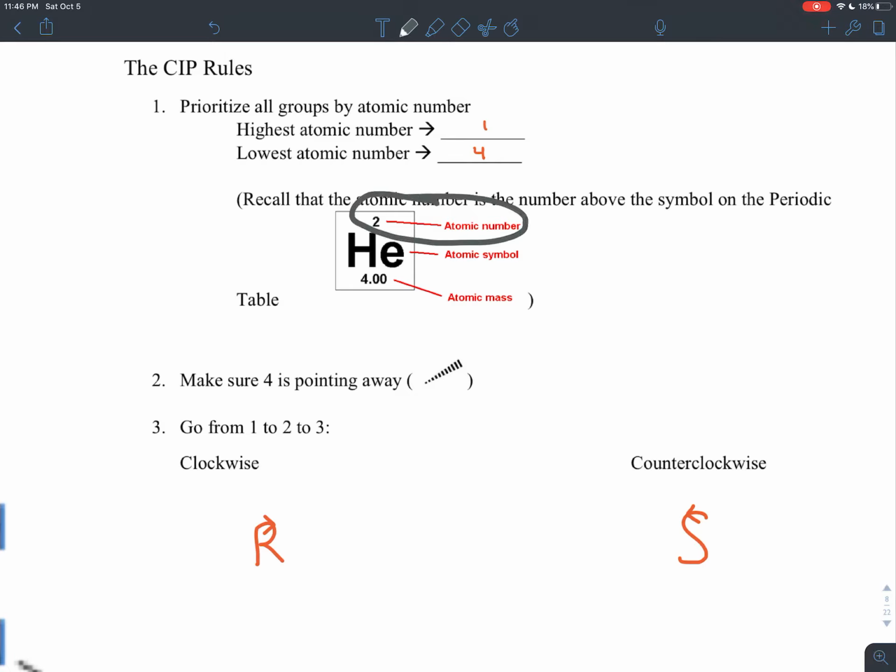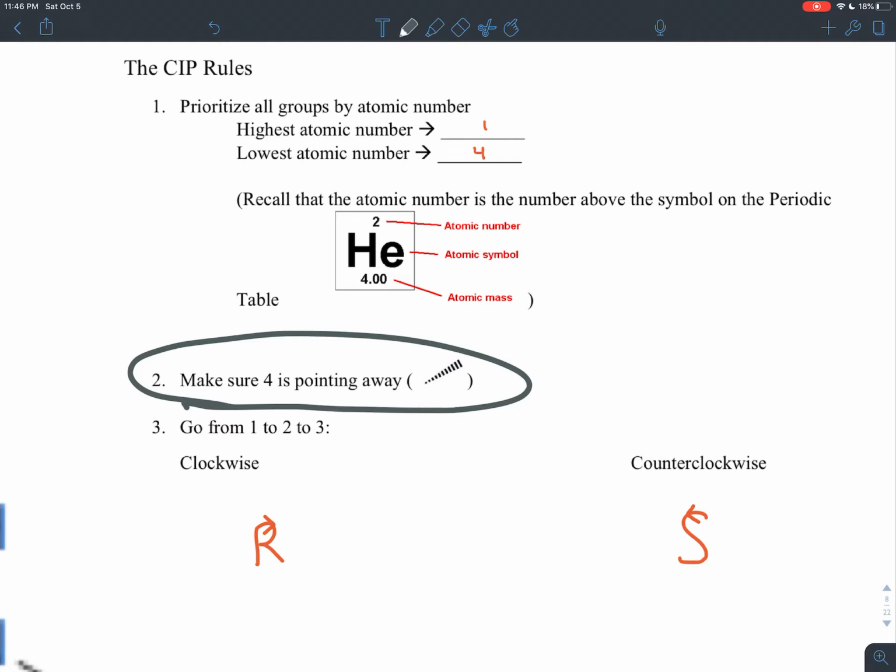Now, remember, the atomic number is the number at the top of the box in the periodic table. The atom that has the highest atomic number gets the priority of 1, and the atom that has the lowest atomic number of the 4 gets the priority of 4. You always need to make sure that 4 is going away. That's with the dashed wedge. And if it's not going away, we'll talk about what you do when we get there.